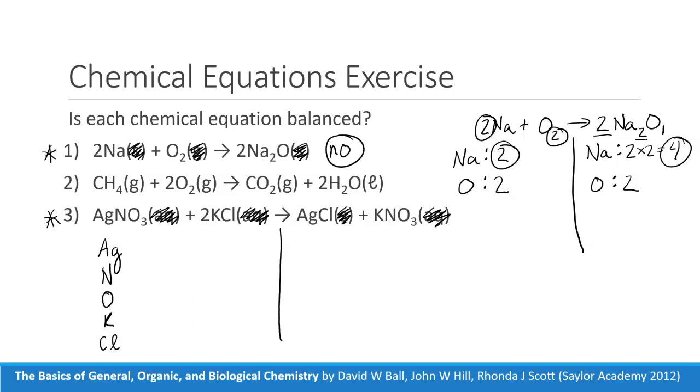Okay? And however I list them on the reactant side, I want to go ahead and match that on the product side. So we're going to have, again, silver, nitrogen, oxygen, potassium, and chlorine. Okay?